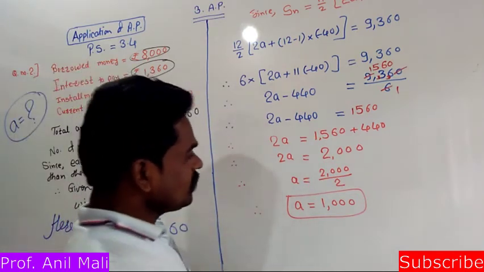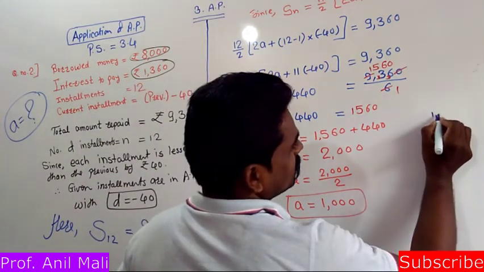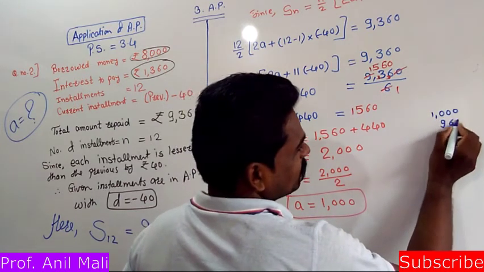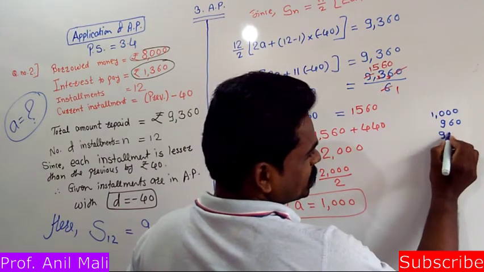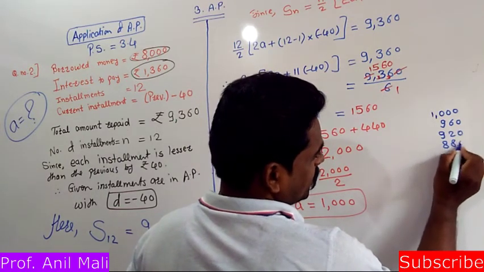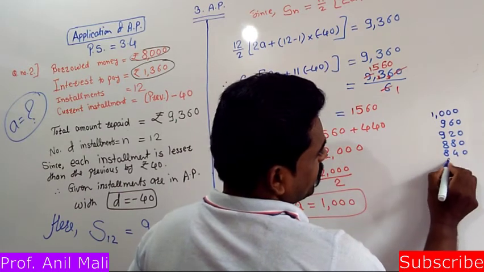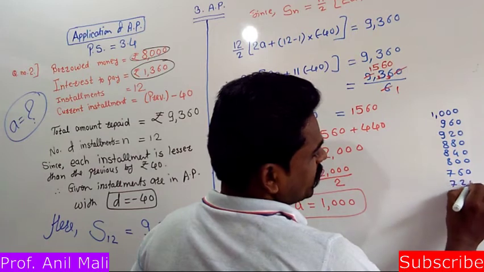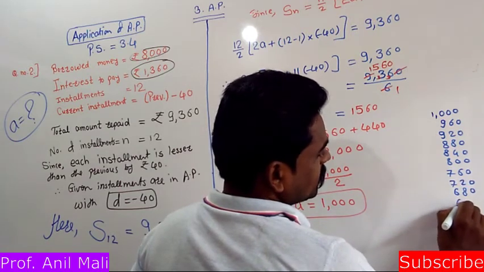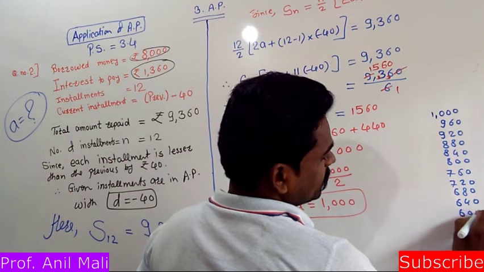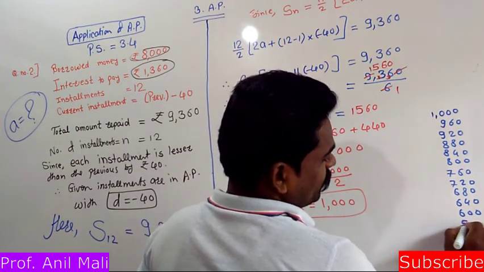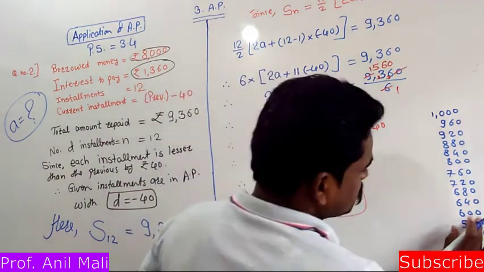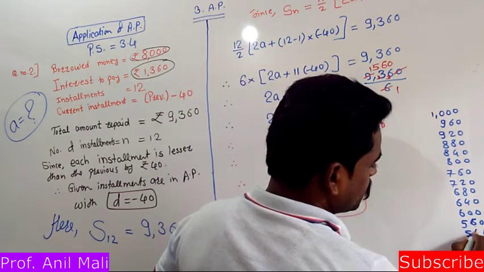See here, if your first installment is 1000, next will be 960, then 920, 880, 840, 800, then 760, 720, 680, 640, 600, then 560.